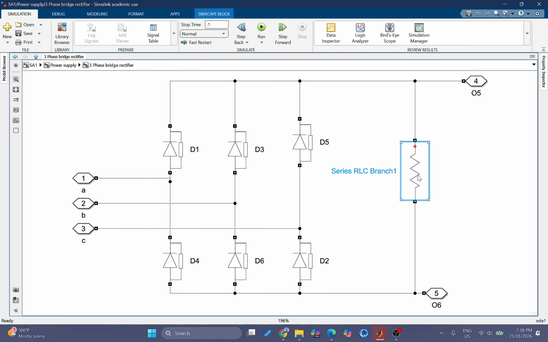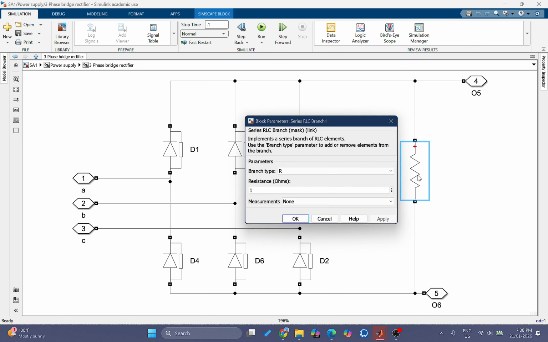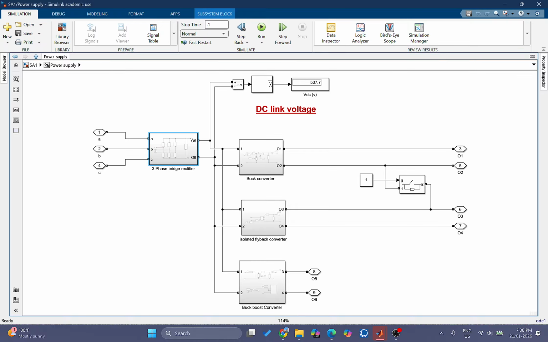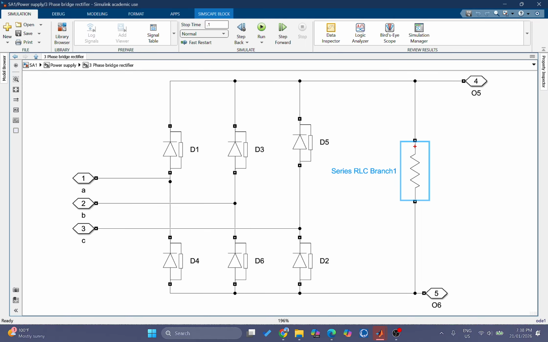For stabilizing the DC link voltage, I'm using a small resistor of 1 ohm. We use this three-phase rectifier because, compared to single-phase rectification, it provides a higher average DC voltage.